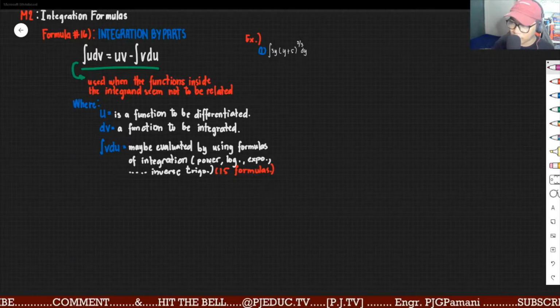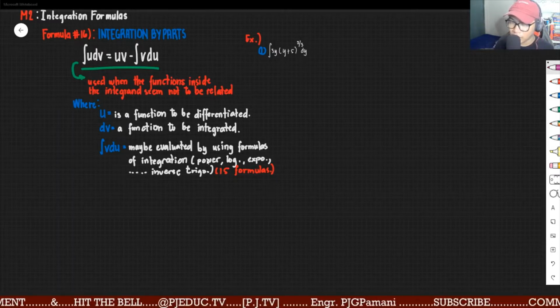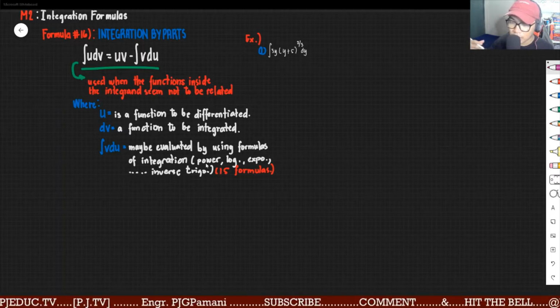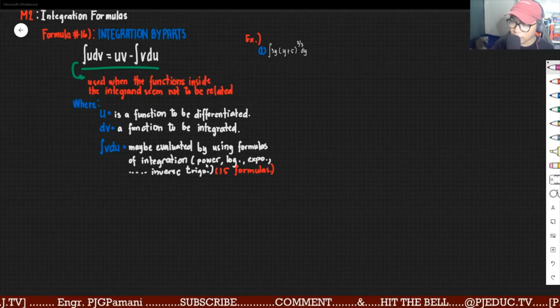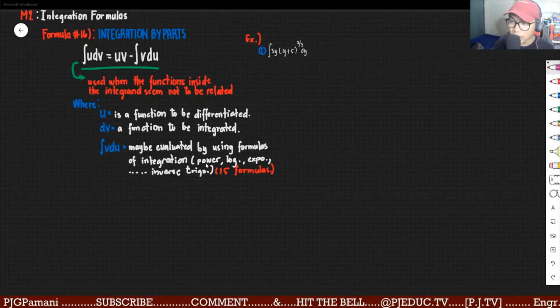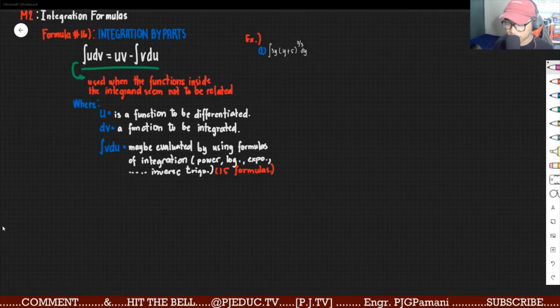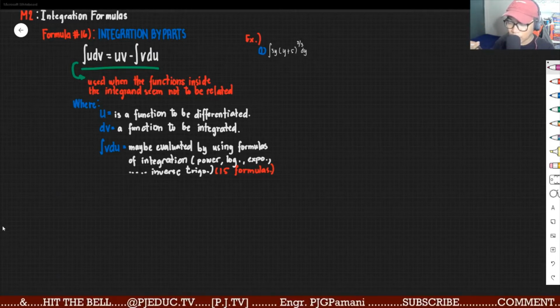Those are the power rule, the logarithmic rule, exponential functions, trigonometric functions types 1, 2, 3, and 4, formulas 14 and 15, and lastly, the inverse trigonometric functions. So basically, the application of formulas 1 to 15.